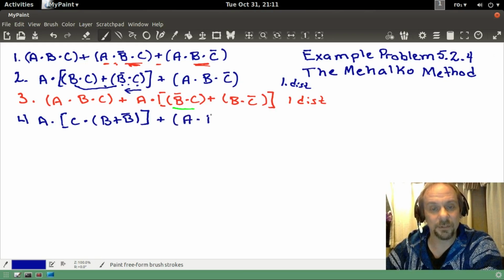A and B and not C. This, of course, happily, as we predicted, is by 1 or 2 by distribution.